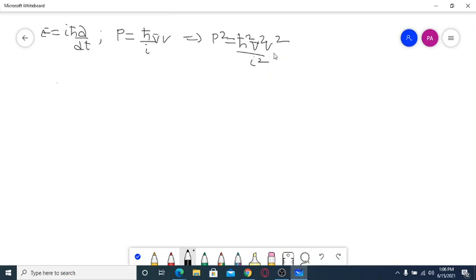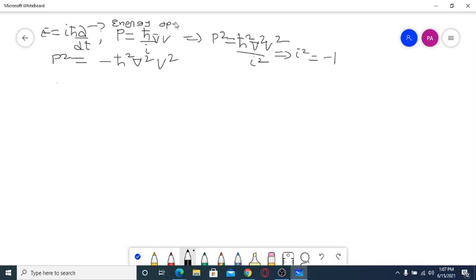You already know that i square is minus 1. So here p square is equal to minus h bar square ∇ square.